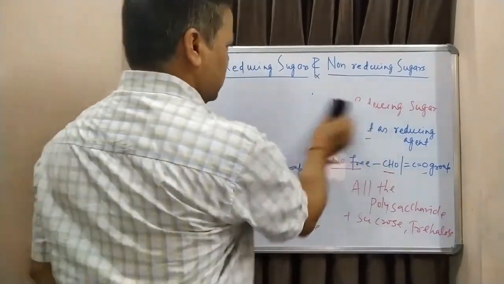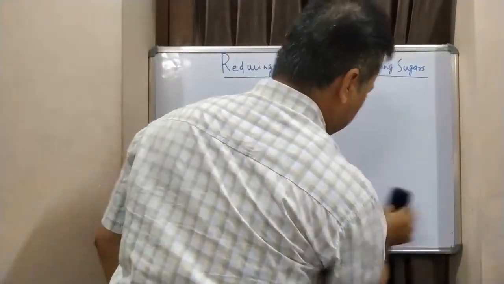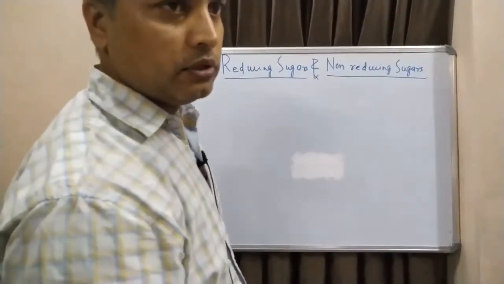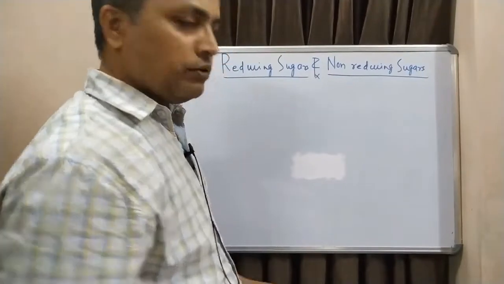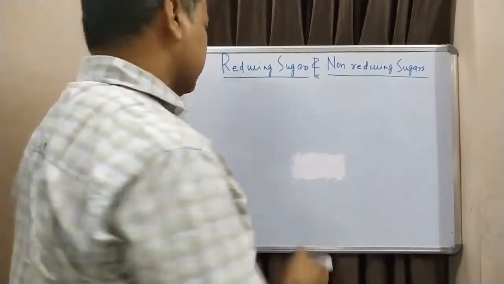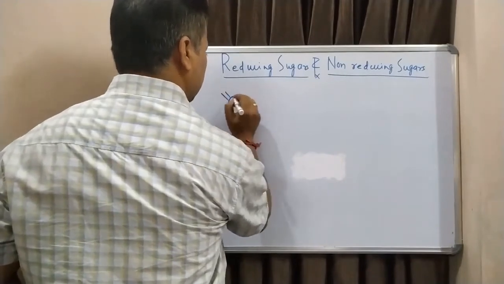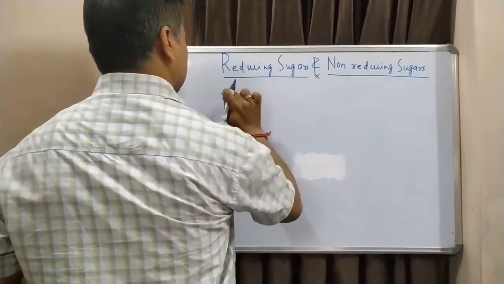Now we will see structurally how they are different, and how reducing sugar and non-reducing sugar work. Friends, you might have seen the structure of glucose. The glucose structure is normally like this.